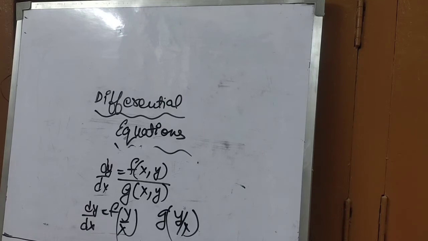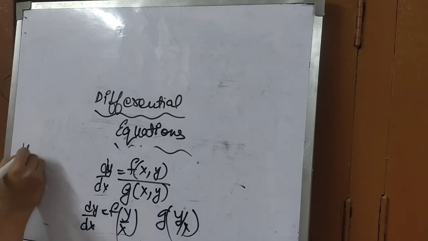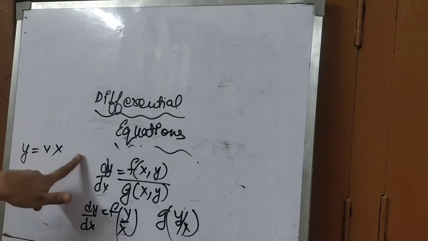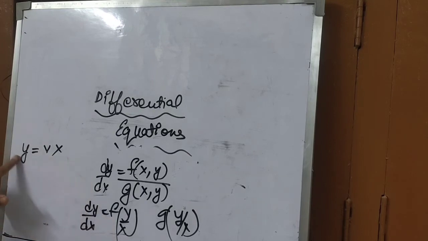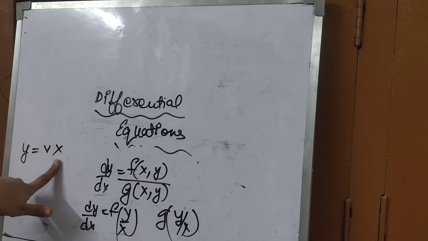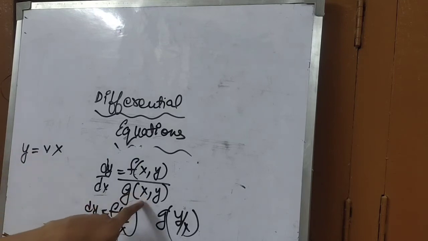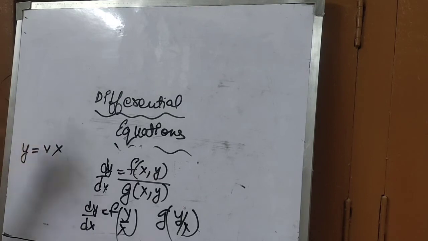But what I will do is substitute the value of y as vx. When I'm going for homogeneous equations, we put in the value of y as vx. To verify that the equation is actually homogeneous, you will put y equal to vx, and similarly you will do it in g(x) also. Then v will come out common and cancel out, so you will get the same function.